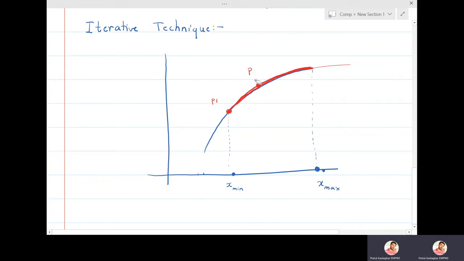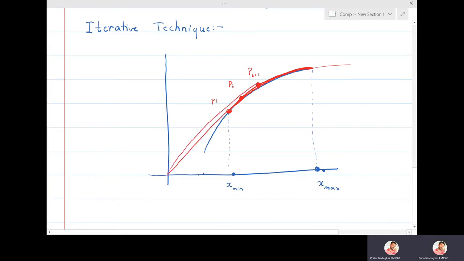In general, I'm going to call the ith point Pi, and the next point Pi plus 1. Then we are going to join the origin with Pi, and also the origin with Pi plus 1.